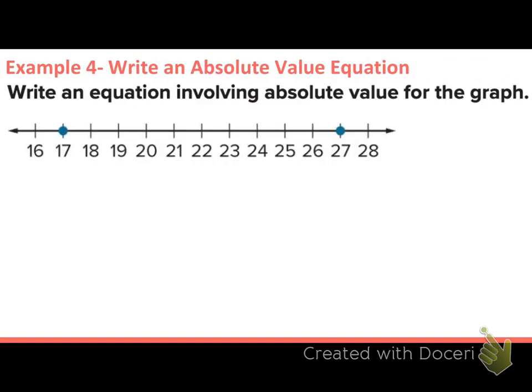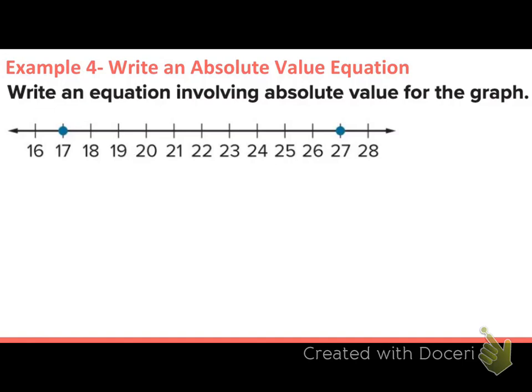All right, we're going to work backwards now. It gives us our two solutions, and it wants us to write an equation involving absolute value for the graph. Okay? So, here's what I need to do. I need to find the midpoint of my 2 points.